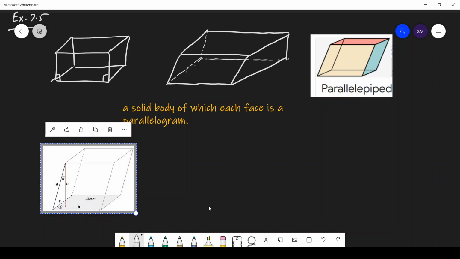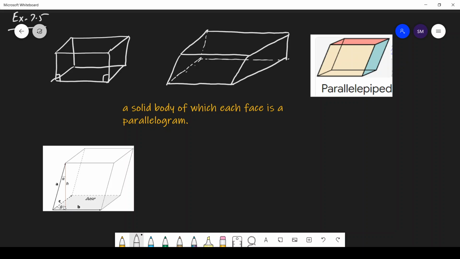Students, this is the parallelepiped, and we consider these three vectors. This is the base of the parallelepiped, and this is vector B, this is vector C, and this is vector A. So these are the three vectors that you have.